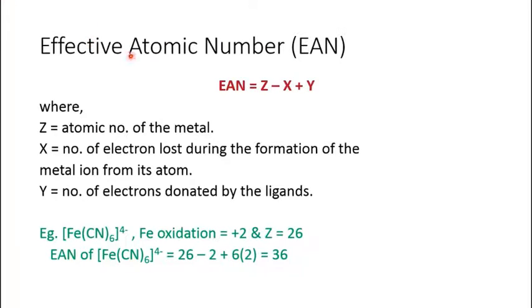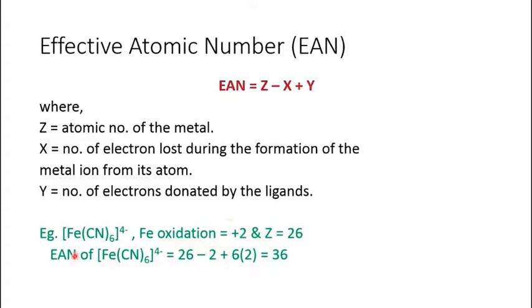The effective atomic number EAN will be calculated according to the formula EAN is equal to Z minus X plus Y, where Z is the atomic number of the metal, X is the number of electrons lost during the formation of the metal ion from its atom. It is nothing but the oxidation state. In other words, plus Y is the number of electrons donated by the ligands.